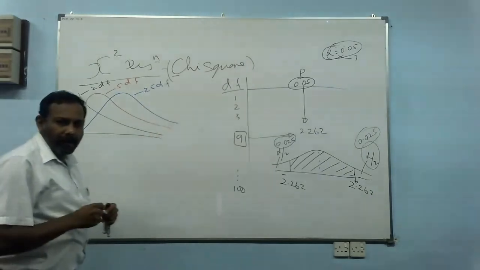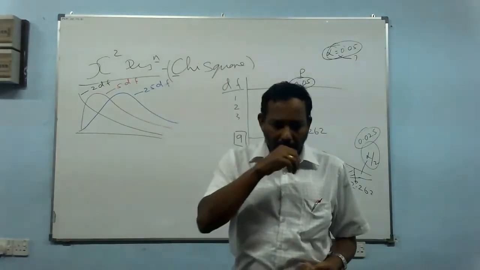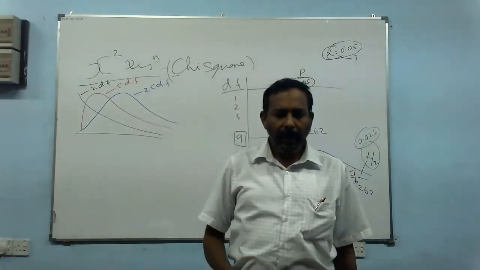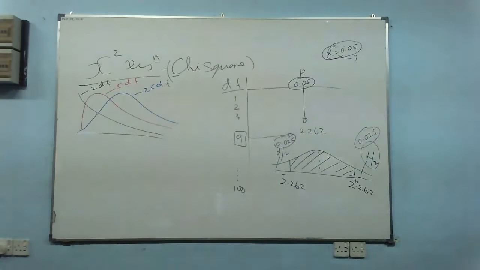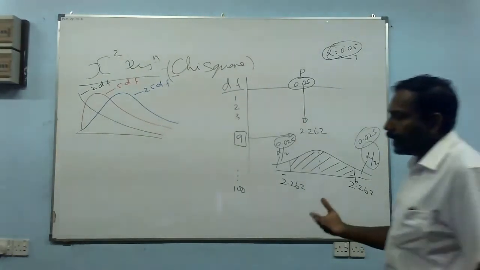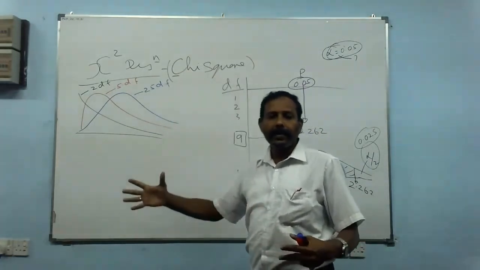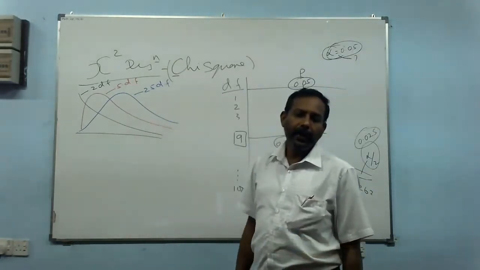You see, when you have low degrees of freedom, it is not normal. When the degrees of freedom increases, this distribution becomes normal. Can you remember we talked about the central limit theorem? In the central limit theorem also, it says initially the distribution may not be normal, but when you increase the sample size, it tends to become a normal distribution.